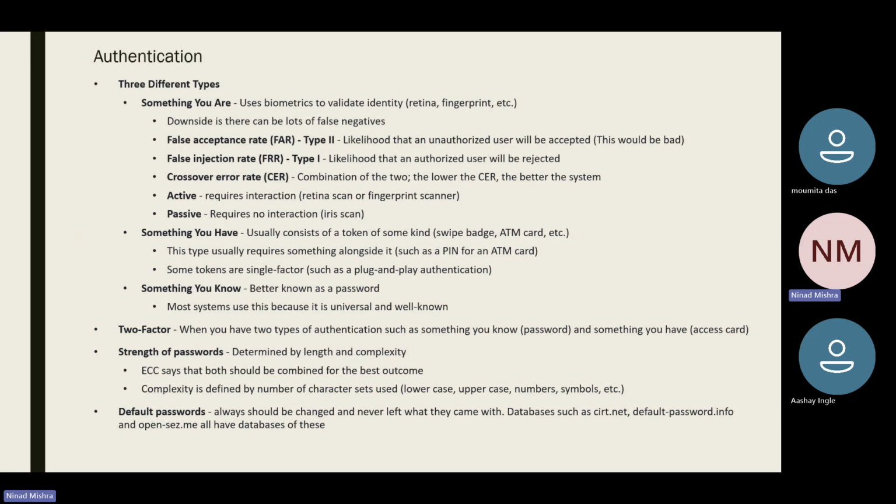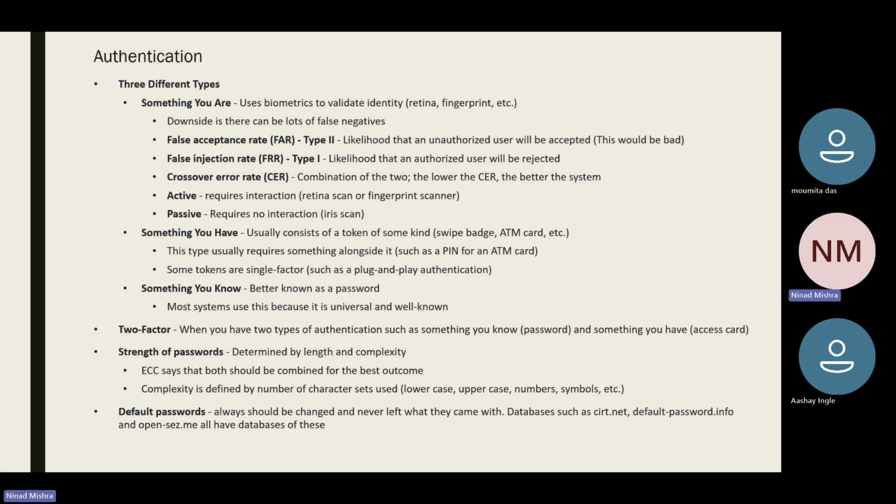It also has some downsides, like the false negative and false acceptance rates, which are errors that are present. But it is somewhat secure because it scans your retina, your fingerprint, etc.